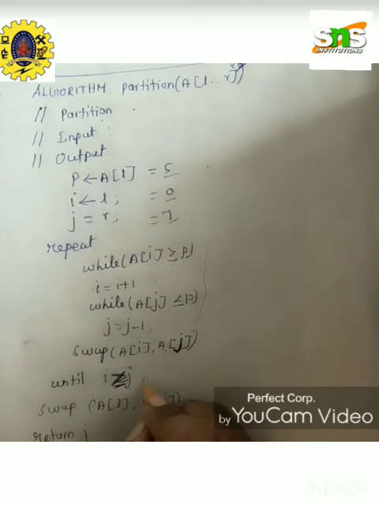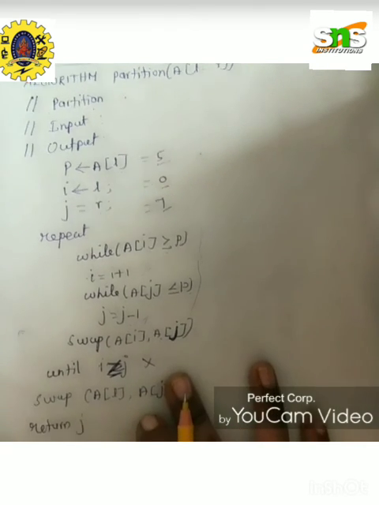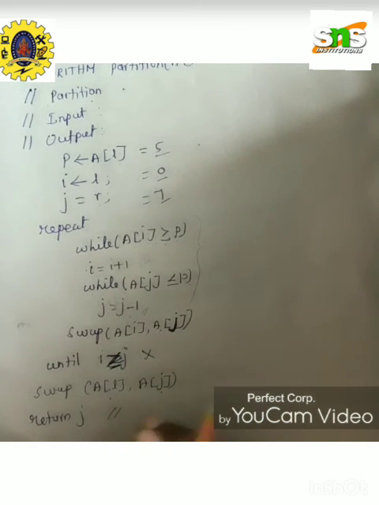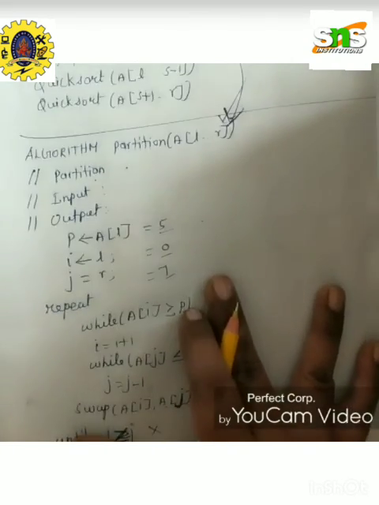If i value reaches greater than j, you stop the process. After that, finally swap A of L comma j. A of L is nothing but the pivot, comma A of j, as we discussed in the example earlier. Then finally return the j value. This is the explanation of the algorithm.